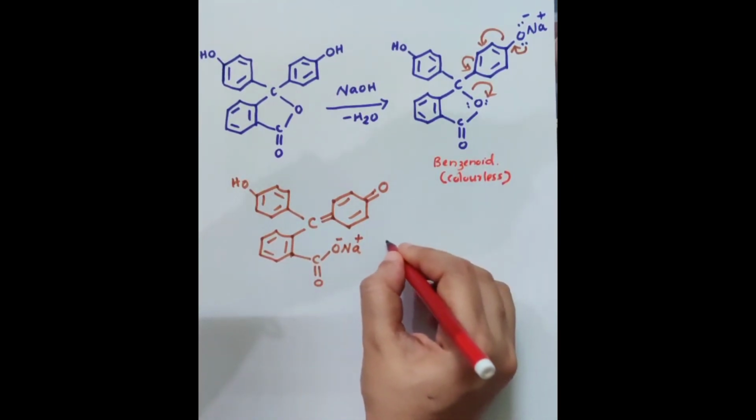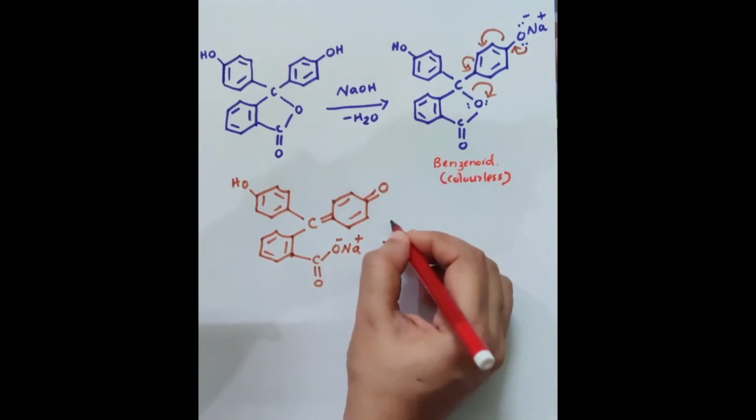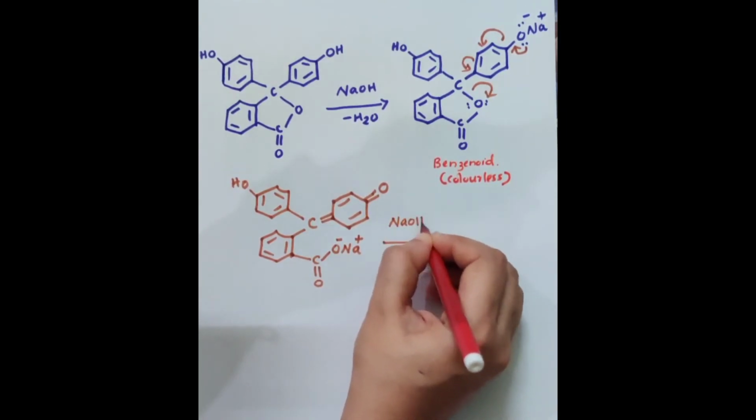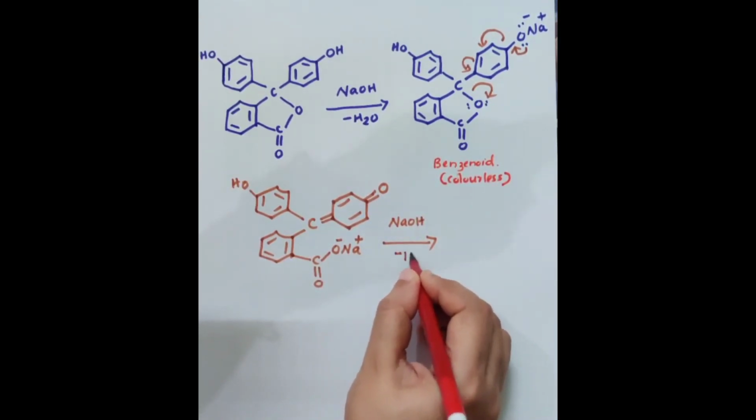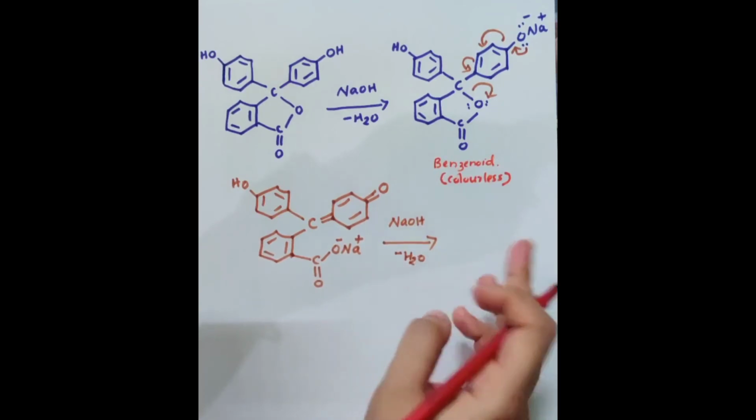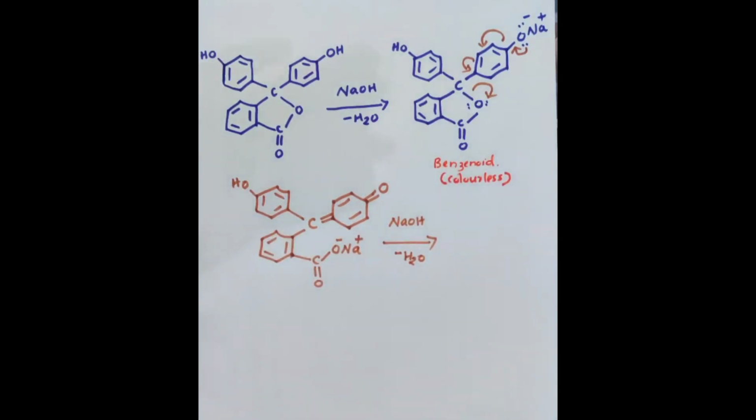Now, by the addition of an excess amount of NaOH, there is again elimination of an H2O molecule, and we get another product.